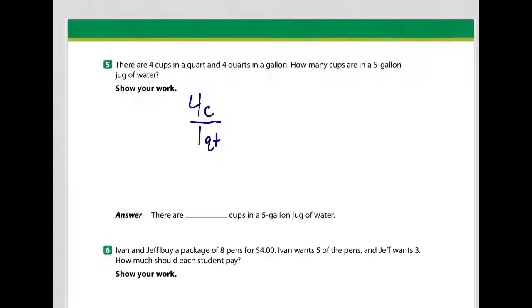Okay, and there's 4 quarts in a gallon. So if I want to know 4 cups in a quart, how many cups would be in 4 quarts? So that's kind of easy. Times 4 times 4.